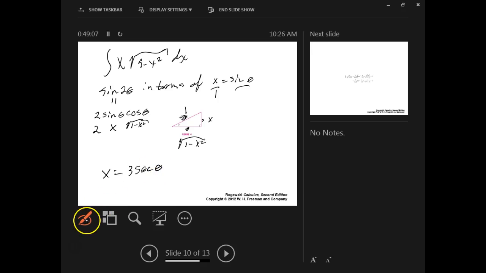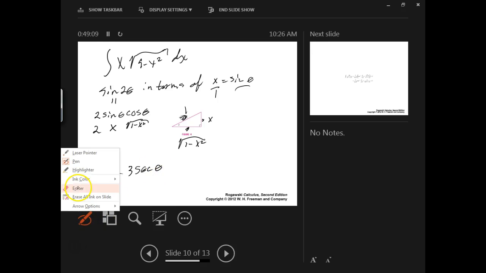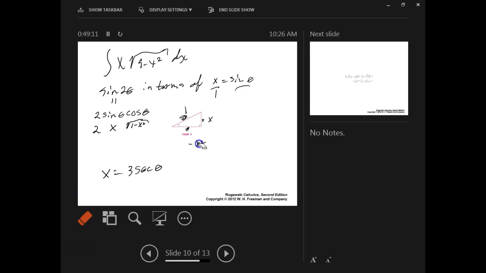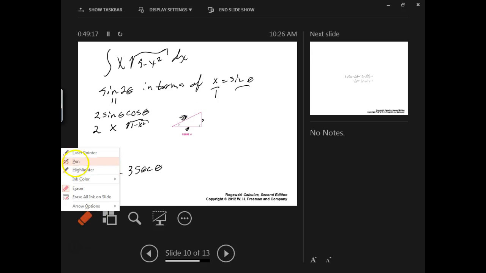Okay? So what I'm going to do is erase what we just did. All right. I've drawn the triangle for you. But what would you plug where to make that true?